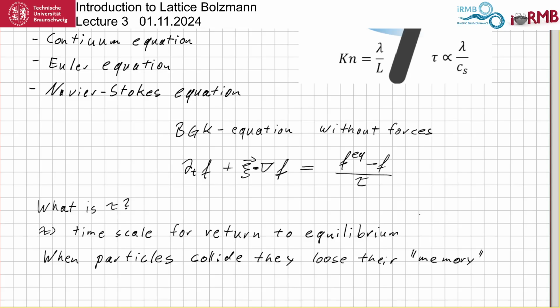And everything else, the trajectory they came from, the direction they came from, this is forgotten, and all the correlations, so whatever history happened to them before, this is forgotten. So this is the idea of this. They forget the memory of the motion before.